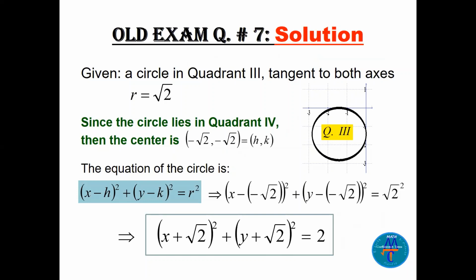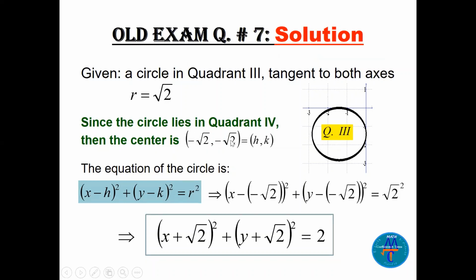You see in the graph, this is quadrant 3. In quadrant 3, one important thing we have to know is negative x, negative y. See, that's the whole story. So this is h and k. The center here is a minus. This is the radius. We know the radius is a positive number, square root of 2.